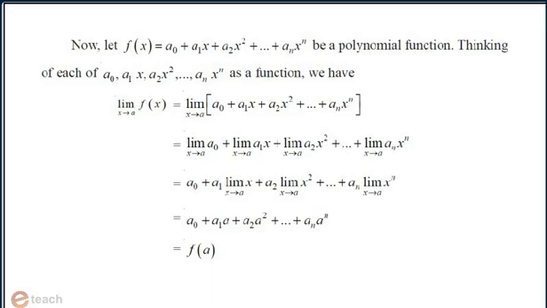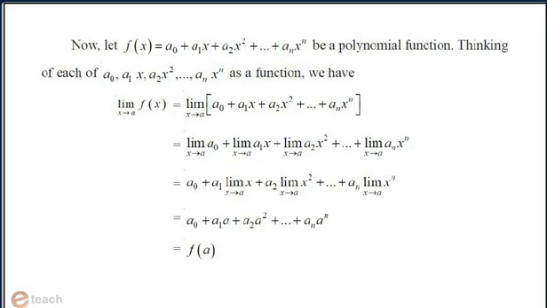Thinking of each of a0, a1x, a2x square up to anx to the power n as a function, we have limit x tending to a f(x) equals limit x tending to a of a0 plus a1x plus a2x square up to anx to the power n, equals limit of a0 plus limit of a1x plus limit of a2x square up to limit of anx to the power n.